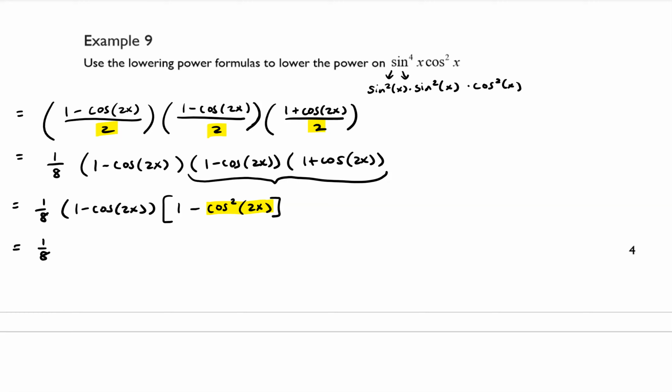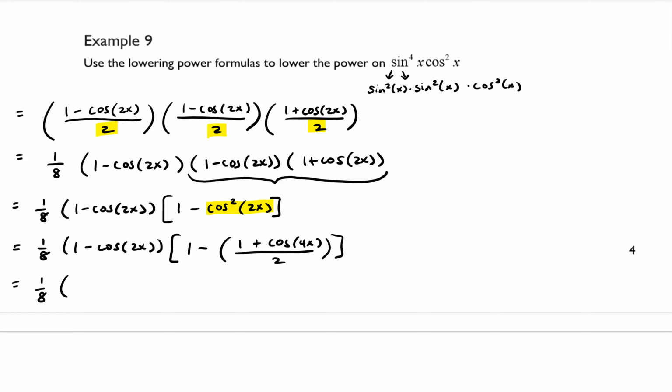So if I use the lowering power formula again, I'd have 1 minus the quantity 1 plus cosine of 4x over 2. And then I have 1/8 times 1 minus cosine of 2x.